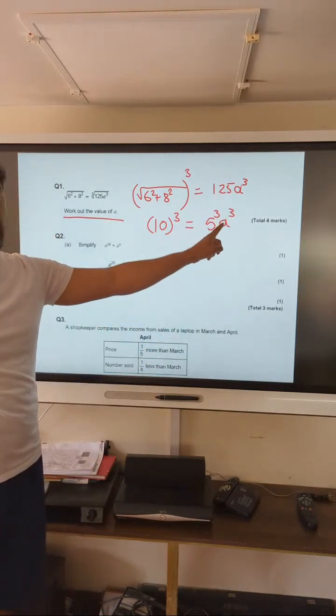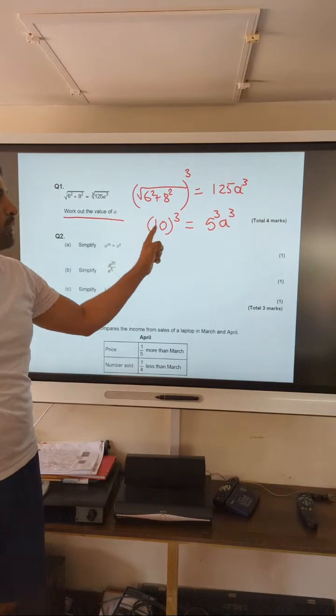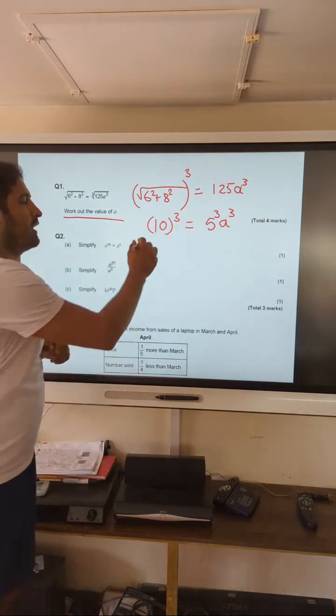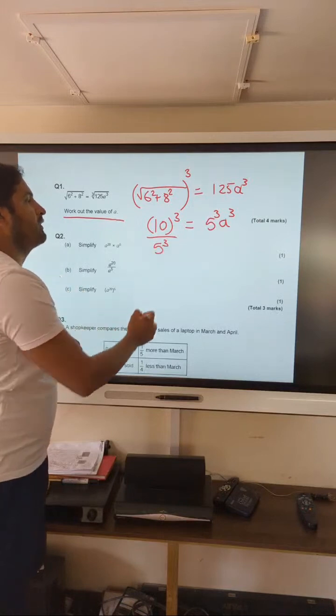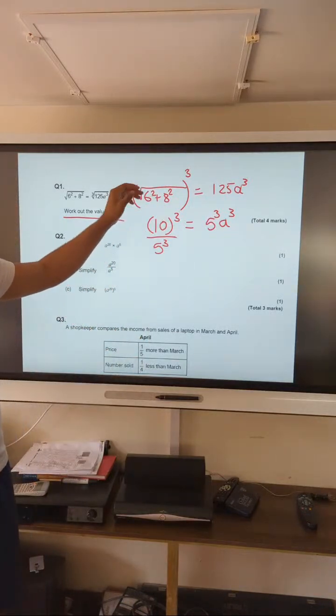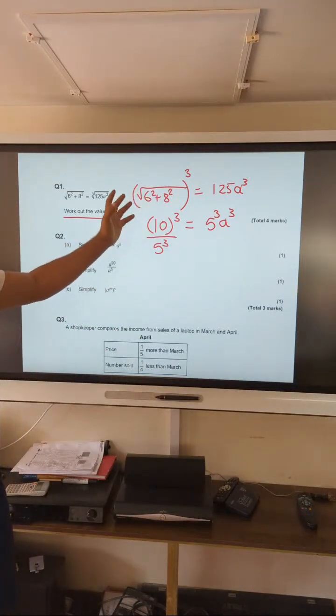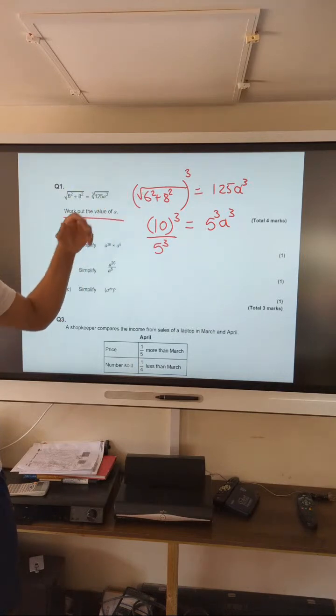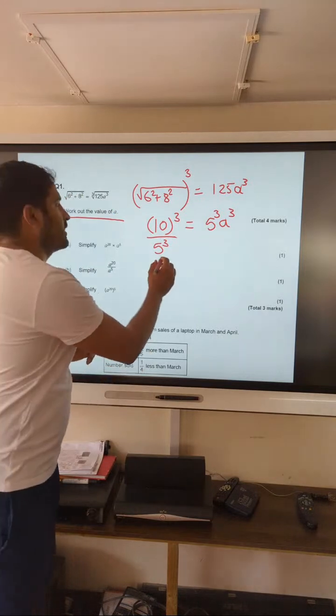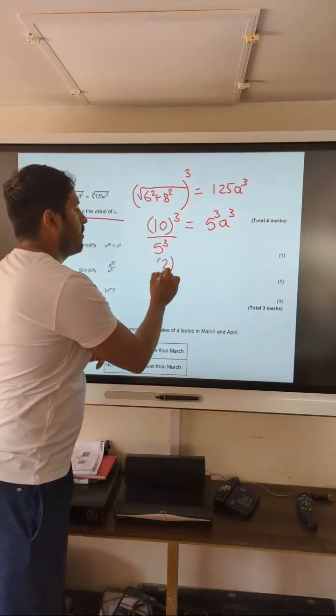If I want to work out what a is, I need to divide both sides by 5 cubed. So I get 10 cubed divided by 5 cubed. And if I have a cube on the denominator and the numerator, I can put it under one thing: 10 divided by 5, all cubed. That will give me 2 cubed.